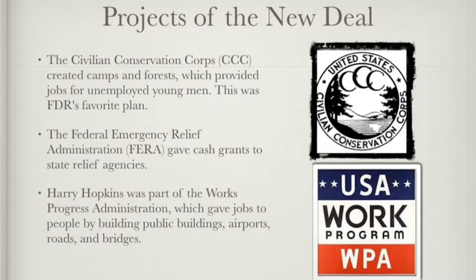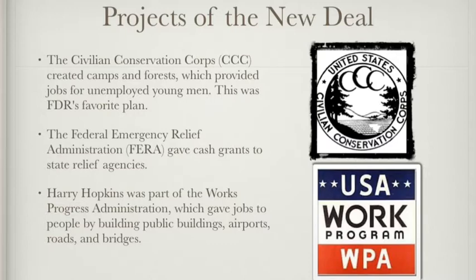The Civilian Conservation Corps, known as the CCC, created camps and forests which provided jobs for unemployed young men. Their jobs included things such as planting trees, building reservoirs, developing parks, and improving agricultural irrigation. The Federal Emergency Relief Administration, known as the FERA, gave cash grants to state relief agencies.